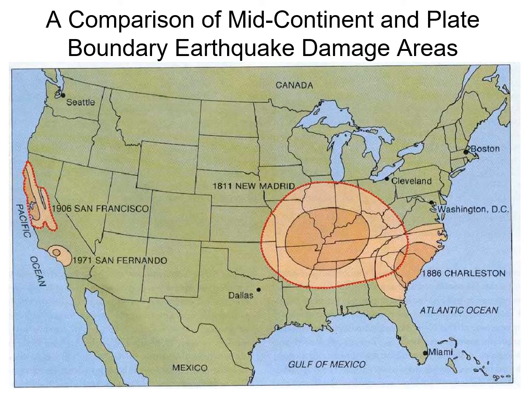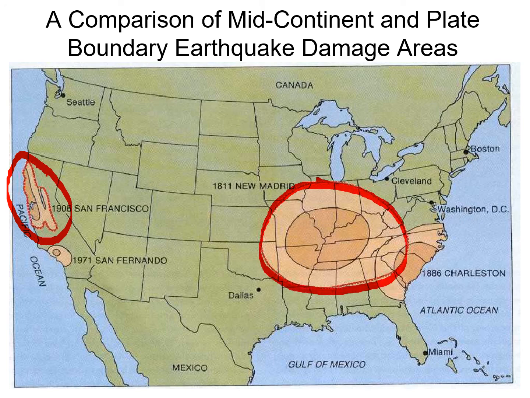Now, this is comparing the intensity of shaking on the map for different earthquakes in different regions. And so the 1906 earthquake, that was around an 8 to 8.2 in magnitude. And we compare it to the New Madrid earthquake. And so basically we're looking at areas where they experienced a comparable amount of shaking.